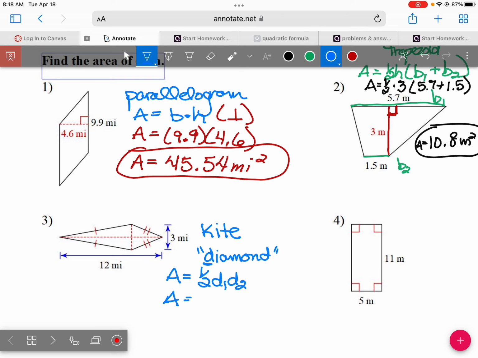So area equals 1/2 times diagonal 1, which goes from one vertex to the opposite vertex, of 12. Diagonal 2 is 3. Put that together and we get 18 miles squared.